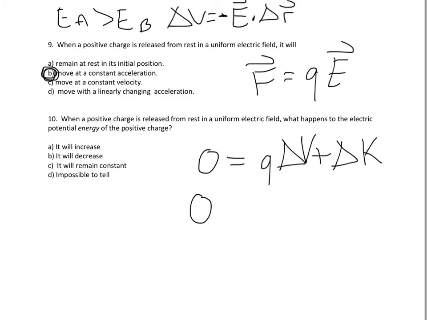Another way I can write this, since I'm really just asking about potential energy, I don't really even have to separate it out here. It's kind of simpler to understand if I just write it like that. Again, because it's accelerating, kinetic energy is increasing, so potential energy has to be decreasing. It's really just an application of conservation of energy.